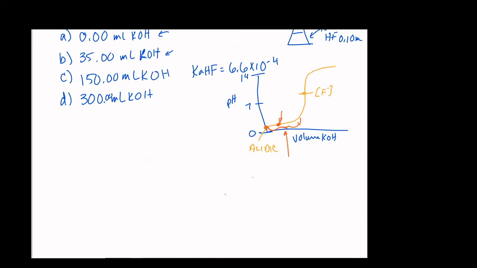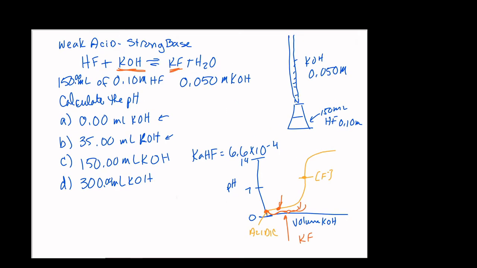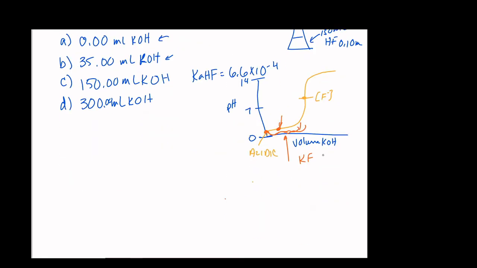So in this region, we have basically KF, right, which is our fluoride ion, which is a weak base, and we have HF mixed together. So this is our buffer range. In this range, we have a buffer. And so in that range, before we get to the equivalence point, but after we start adding base, we can calculate the pH with the Henderson-Hasselbalch equation.